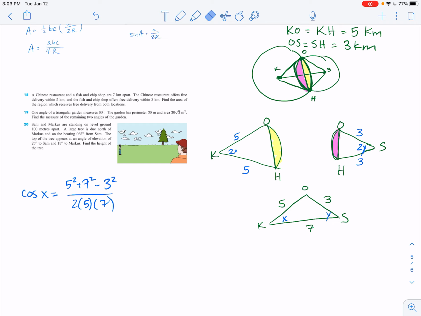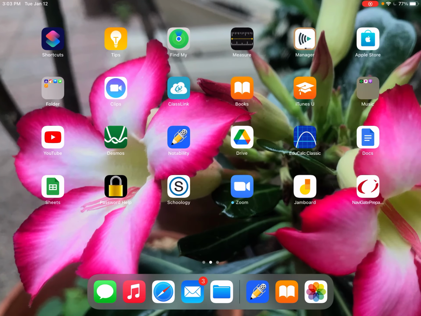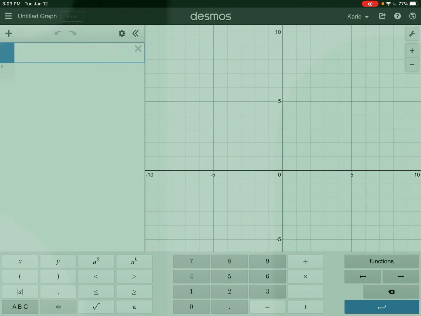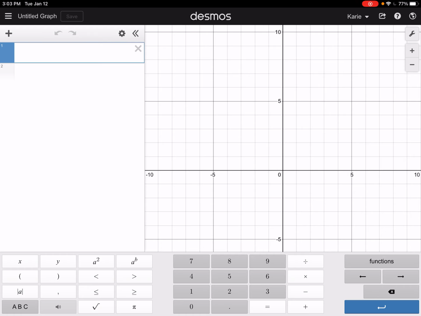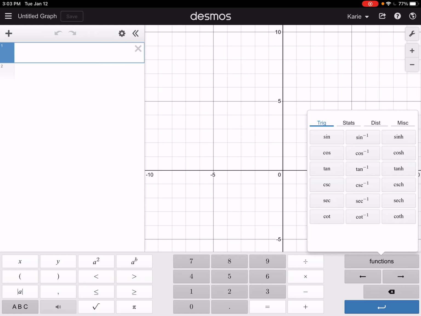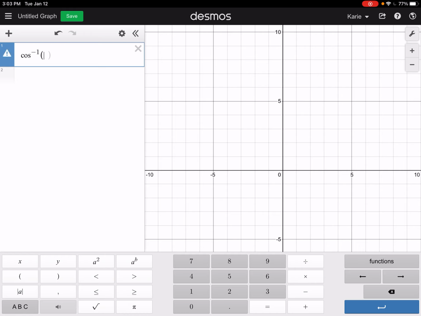So I'm going to grab my calculator. Actually, I'll use Desmos for you just so you can see what I'm doing. Okay, here it goes. So we're going to do inverse cosine. There it is. Of, I just forgot the equation.